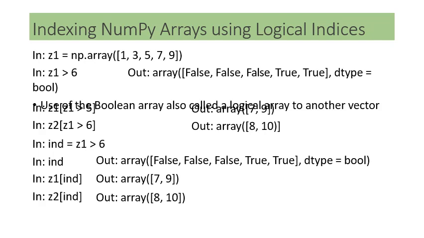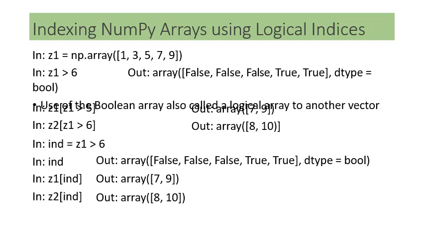So using the Boolean array, it can also be a logical array for another vector, where the integer of Z1 that is greater than 5, meaning the output greater than 5 is actually 7 and 9. Okay, so Z2, 7 and 6, then the output could be 8 and 10 greater than 6.